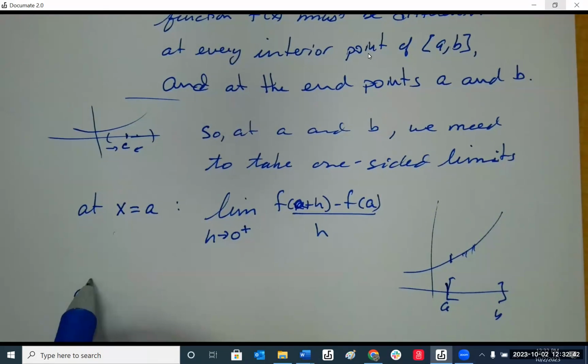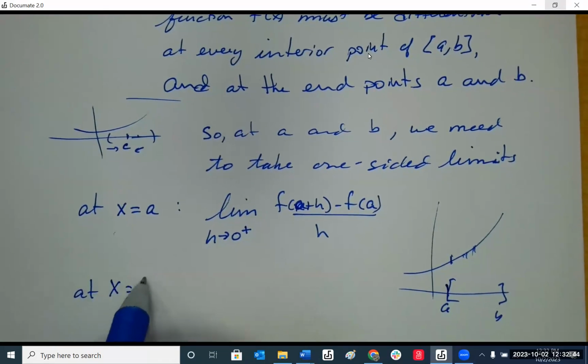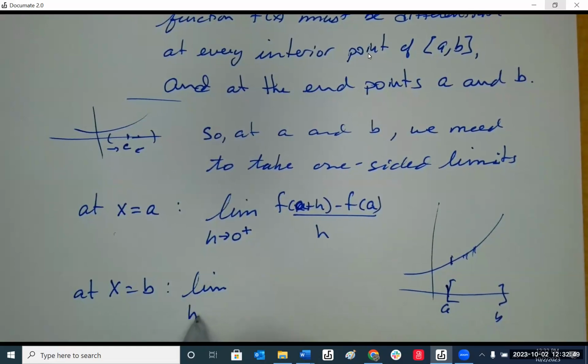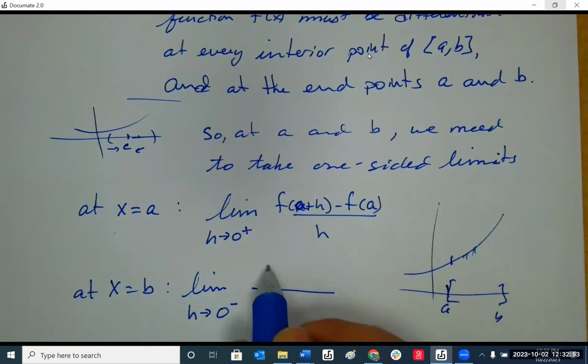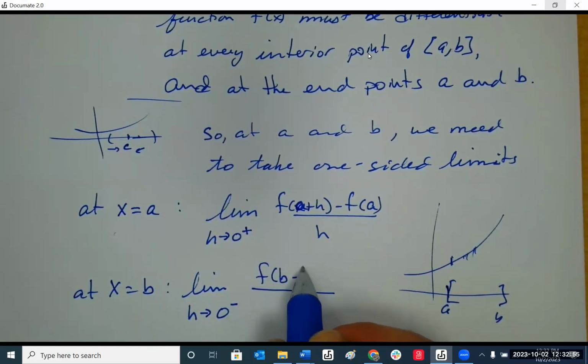So at B, we have the limit as h approaches 0 from the left of f of B plus h minus f of B over h.